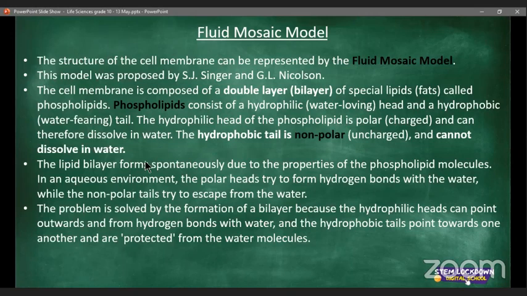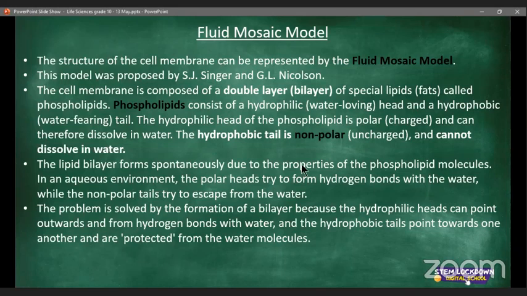So the hydrophobic tail is nonpolar, and it tries to escape from the water. The problem is solved by the formation of a bilayer, because the hydrophilic heads can point outwards and form hydrogen bonds with water, and the hydrophobic tails point towards one another and are protected from the water molecules.